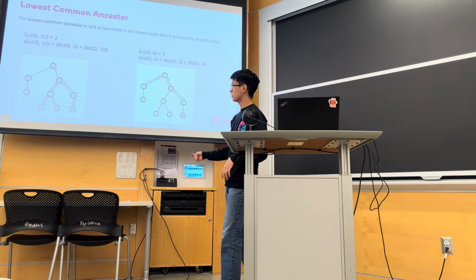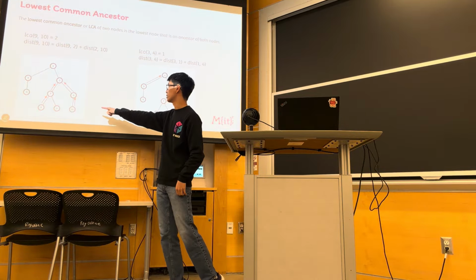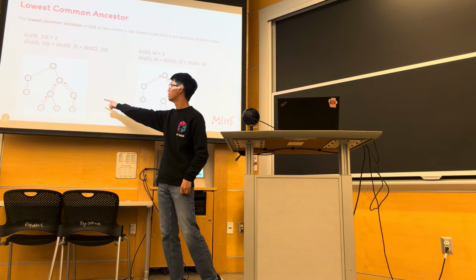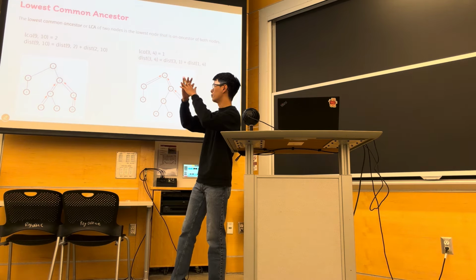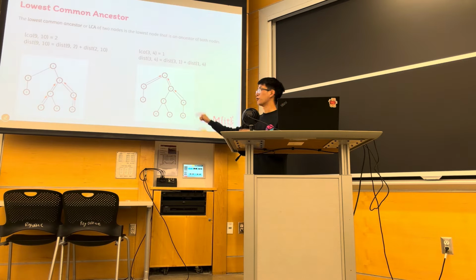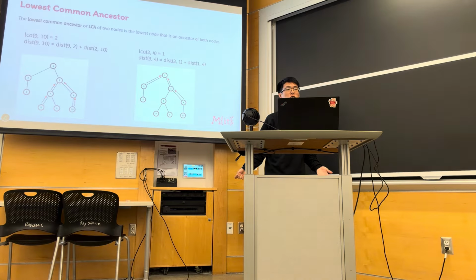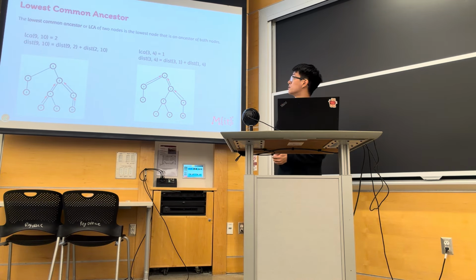For example, the lowest common ancestor of nodes 9 and 10 in the tree on the left is node 2, since that's the lowest node that's a direct ancestor of both 9 and 10. Similarly, for nodes 3 and 4, their lowest common ancestor is node 1, since that's basically the only node that's an ancestor of both of them.